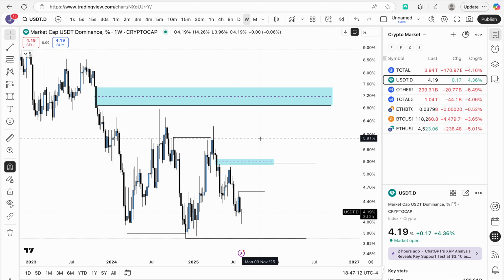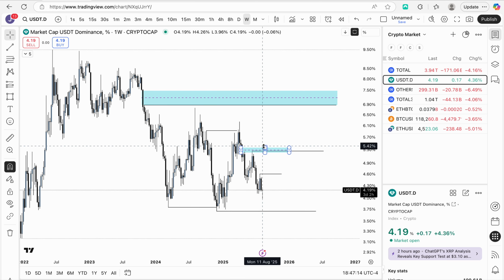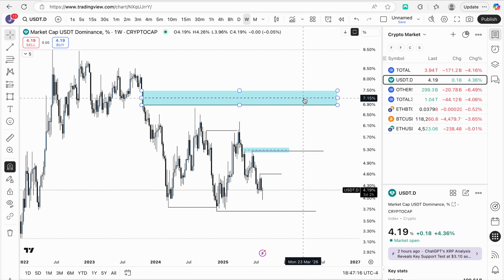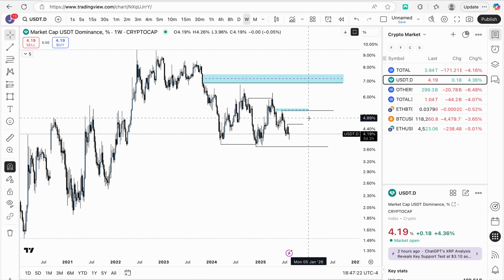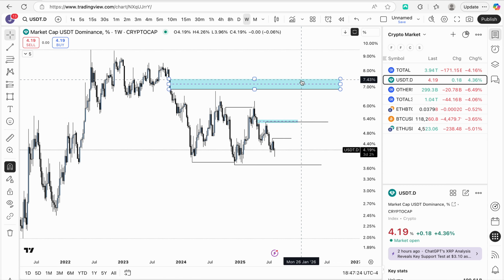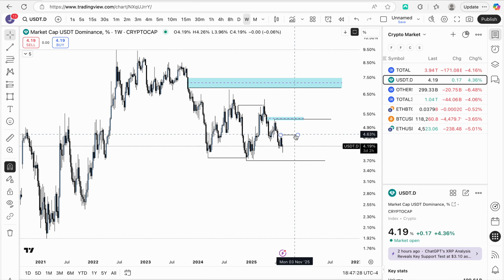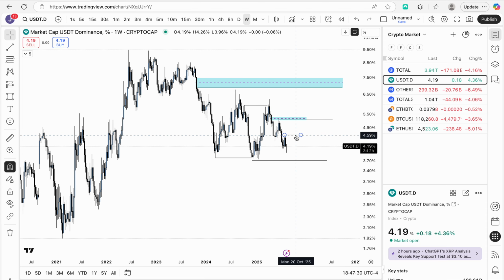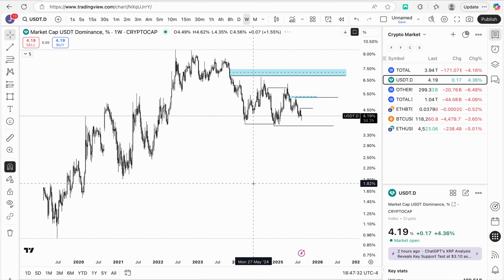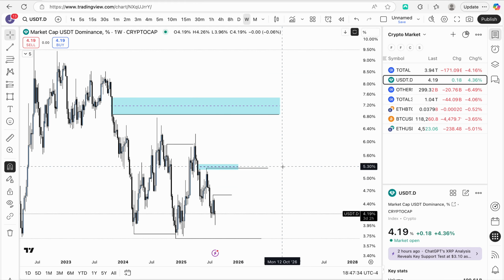I'm not saying that, I don't really think we'll go up here, but if we do, that would be a level where I'd be thinking there's a potential reversal. So that's where I'd be buying crypto, because then I'd be expecting lower prices here, which would mean the crypto market's going to go up, right? So that's the USDT.